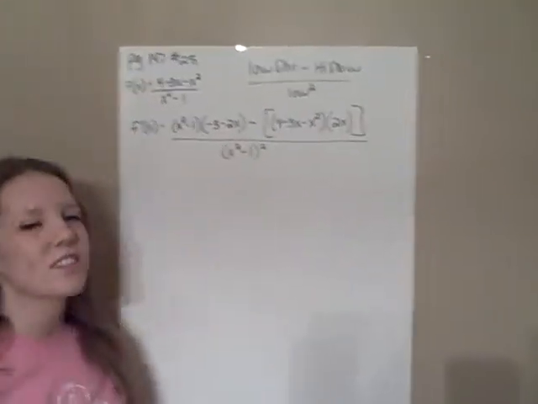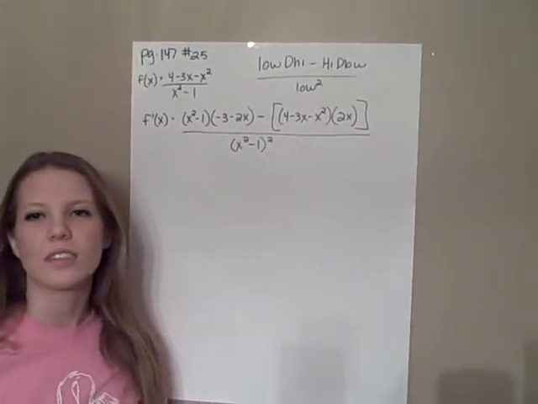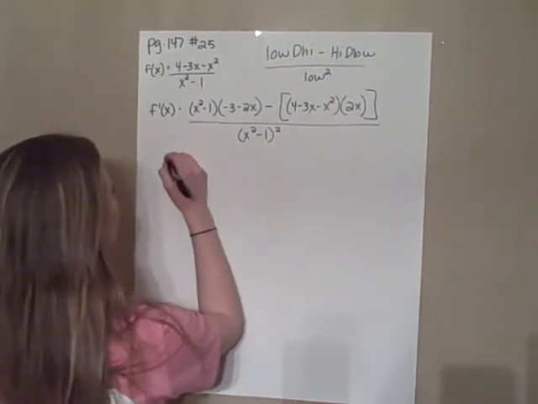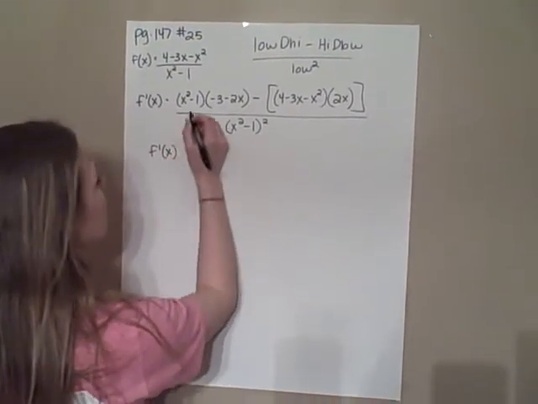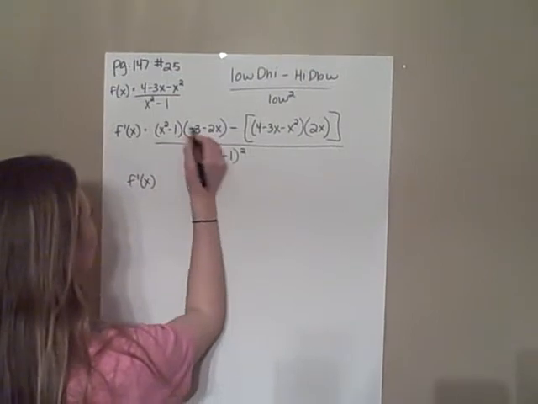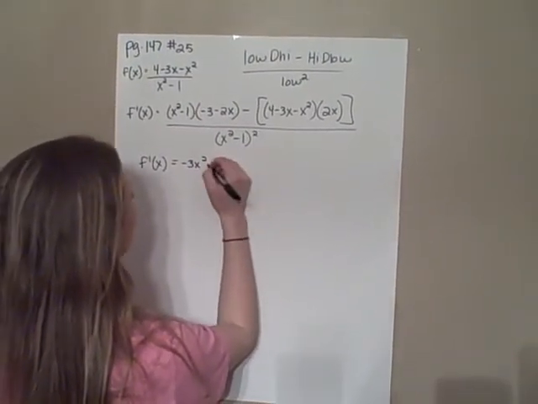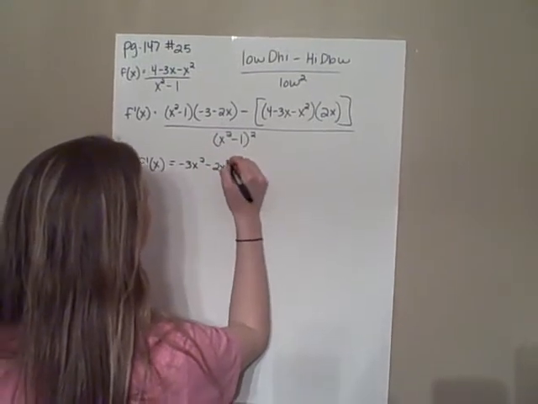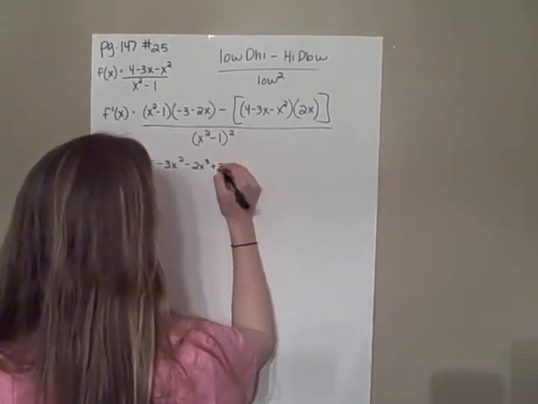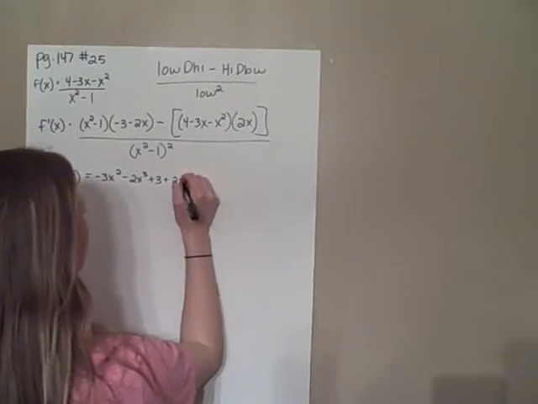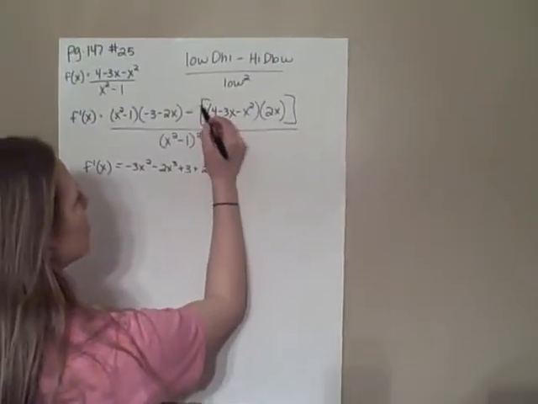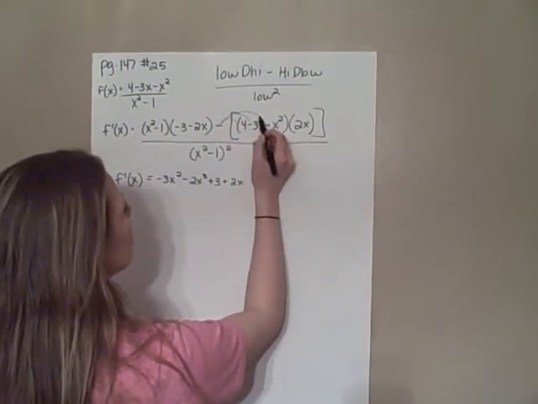Okay, so next we're going to distribute, and first we're going to FOIL this, so we have negative 3x squared minus 2x to the third plus 3 plus 2x. And now we're going to distribute this negative to all three terms.